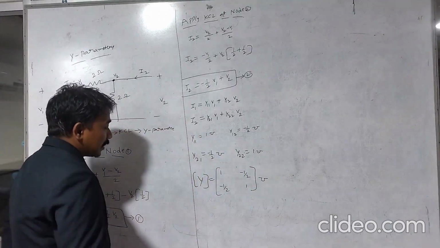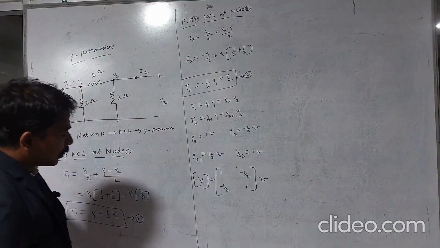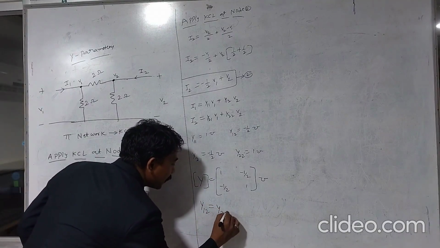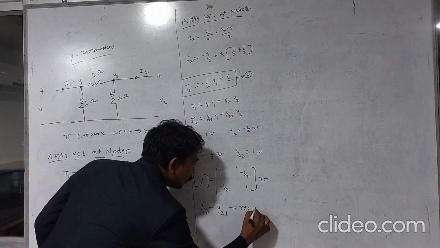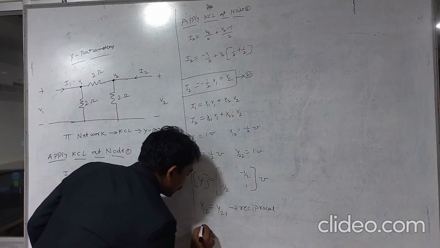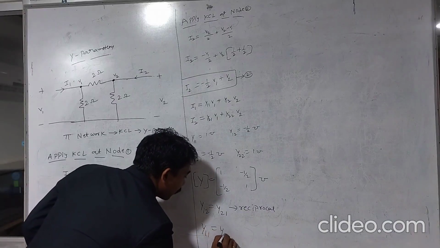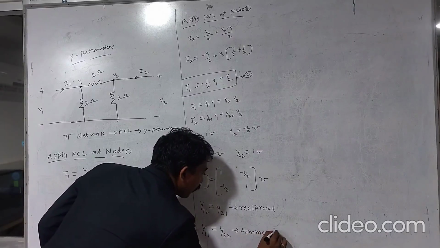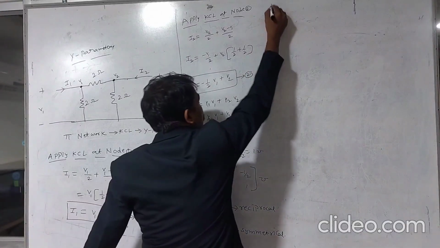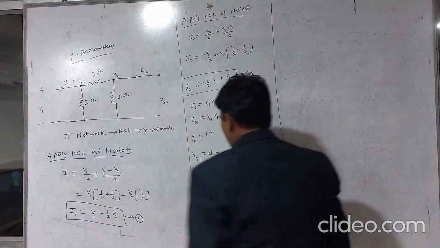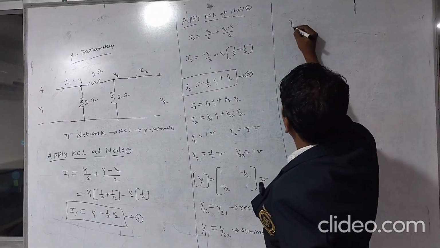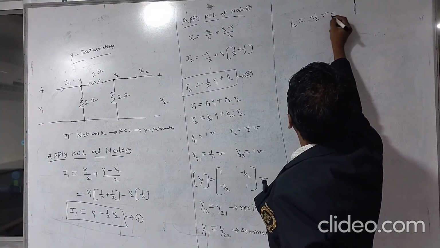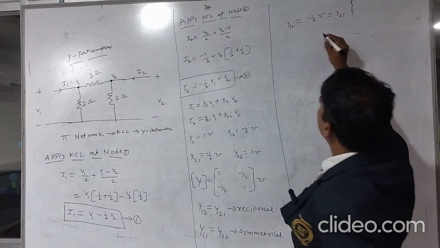The required condition to say the corresponding two-port network is reciprocal by using Y parameters is Y12 equal to Y21. In the case of symmetrical, Y11 equals Y22. Now you can make the comparison. The value of Y12 is negative 1 by 2 mho, and the value of Y21 is also the same, negative 1 by 2 mho.